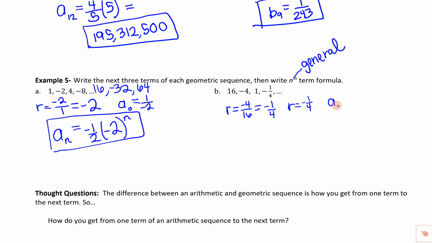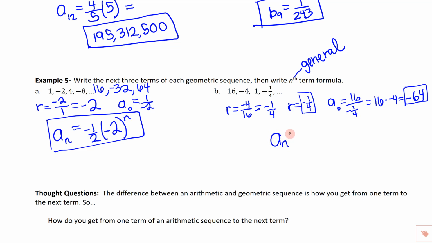Okay, then to get a sub 0, we're going to go backwards. So 16 divided by -1/4, so I need to do 16 multiplied by the reciprocal, so 16 times -4, which is -64. Okay, so I have a sub 0 and I have r, so I'm set to write my formula down.